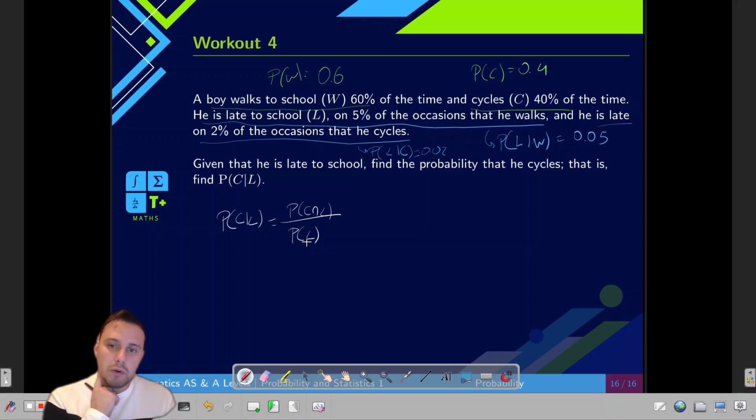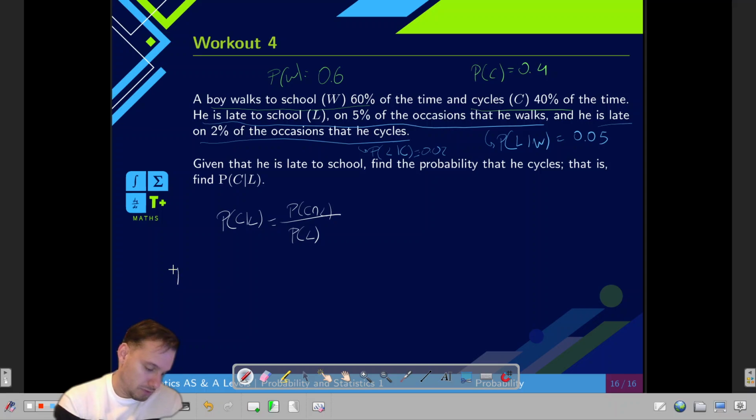Okay? So essentially what we need to do is study how we can find the probability that he cycled and he's late, and the probability that he's late in general. We need to find these two probabilities. Let's start with the intersection.